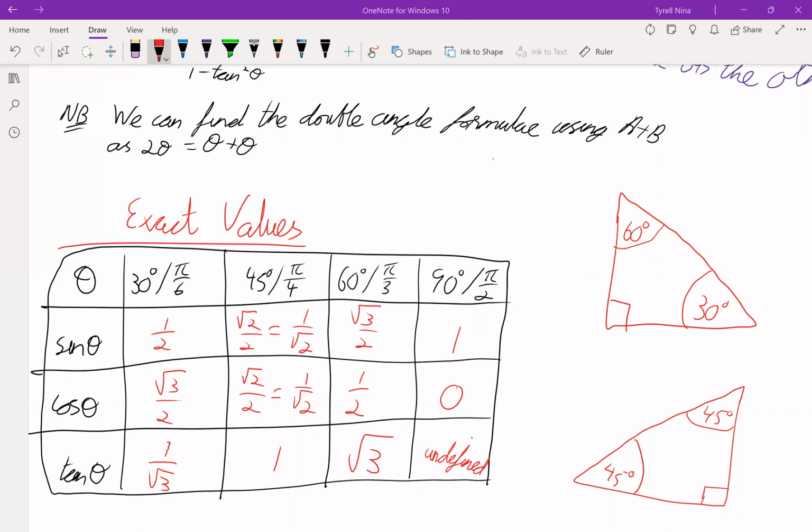Remember sine is opposite over hypotenuse, cos is adjacent over hypotenuse, and tan is opposite over adjacent. So sine of 30, opposite over hypotenuse, is 1 over 2. Then this side must be root 3.